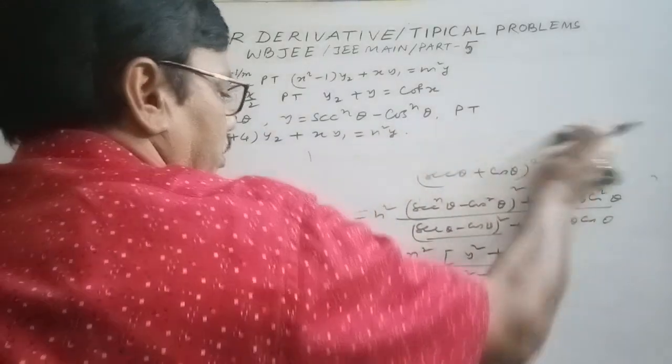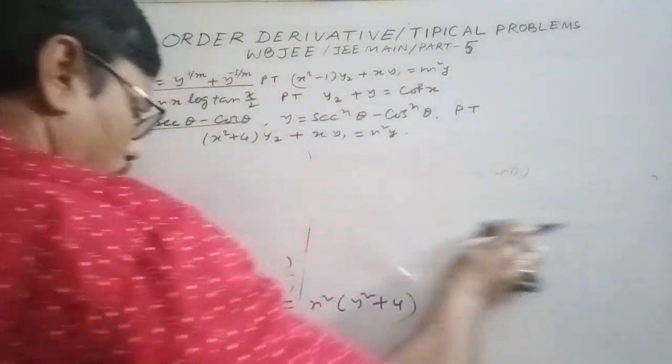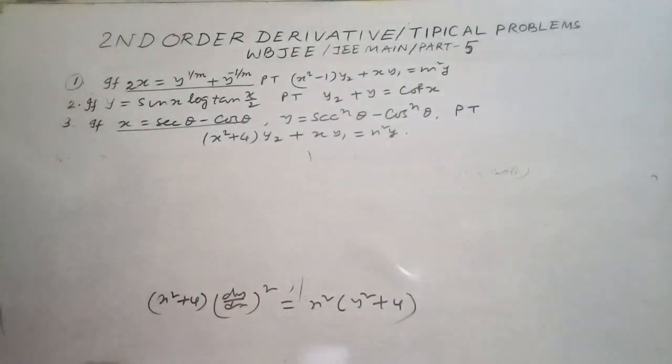Now the last step. The main aim is to express dy/dx in terms of x and y.